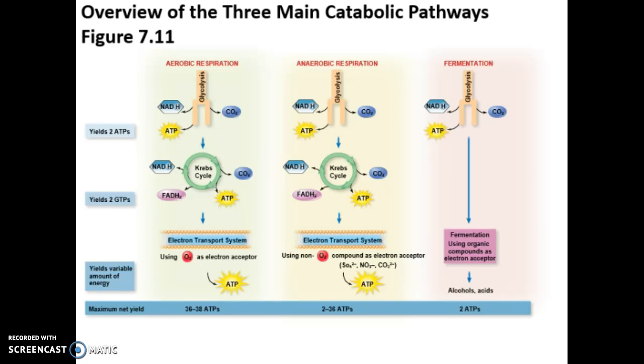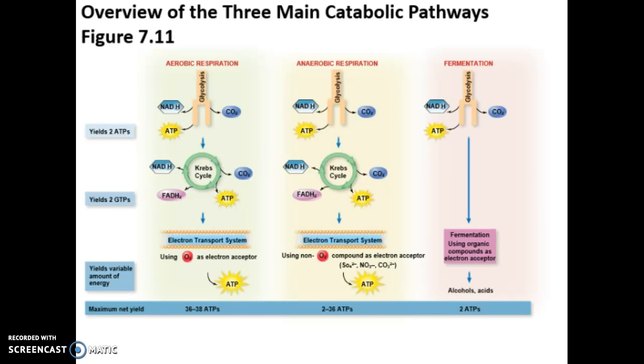And so this figure is an overview, right, big picture, and it shows you some different scenarios that you might find within cells. So on the left, you have aerobic respiration. In the middle, you have anaerobic respiration without oxygen, and then on the right side, you have fermentation.